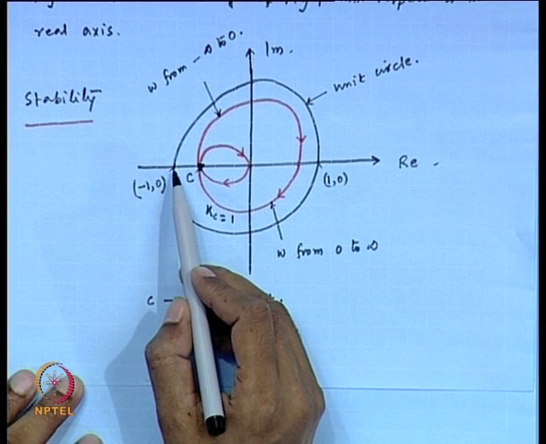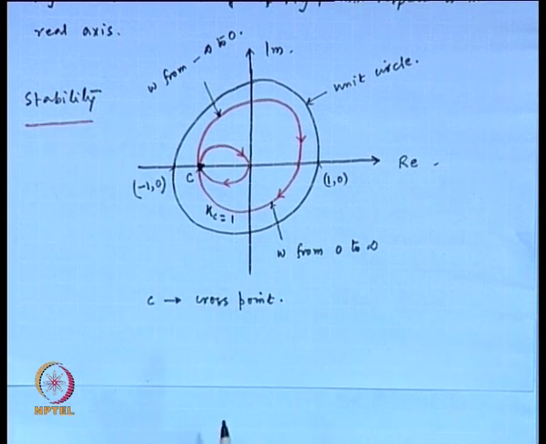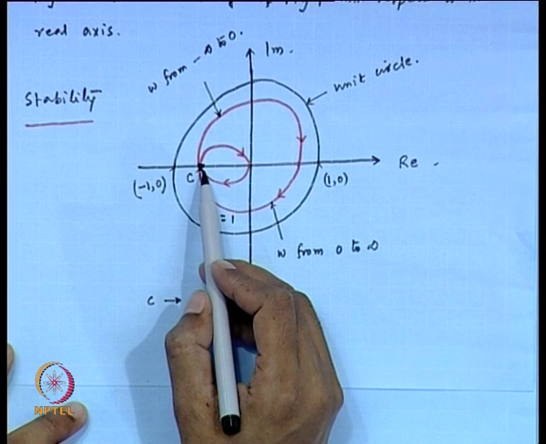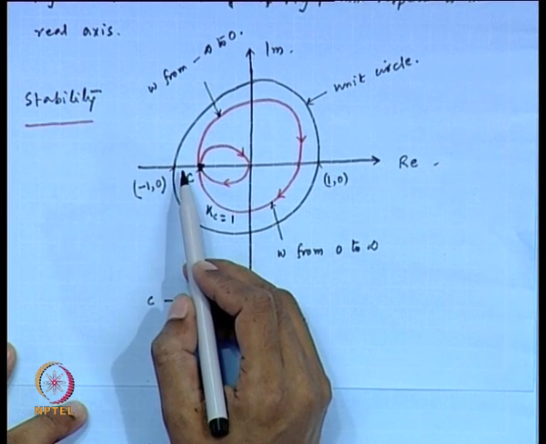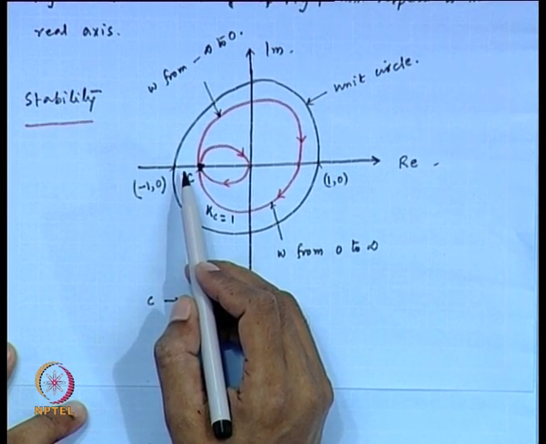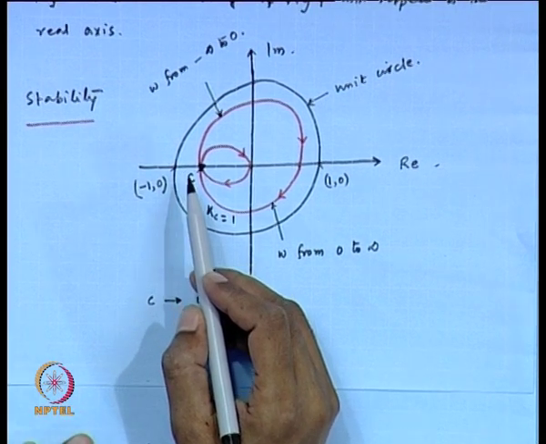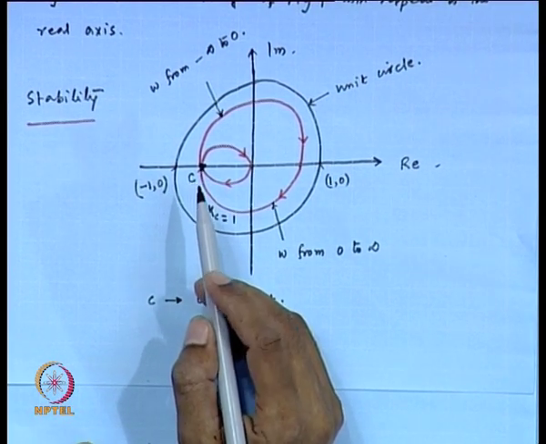It indicates stability. When the cross point is to the left of minus 1, that indicates instability, I mean the system is unstable.